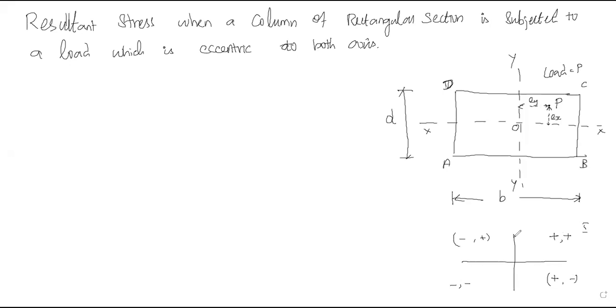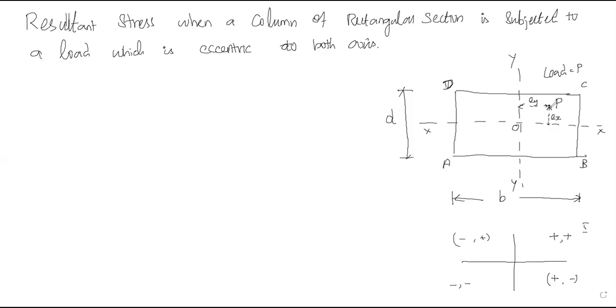So this is about the sign convention that we are going to use. So the load is acting at an eccentricity of Ex and Ey about the x-axis and y-axis, and it is concentrated at the first quadrant.